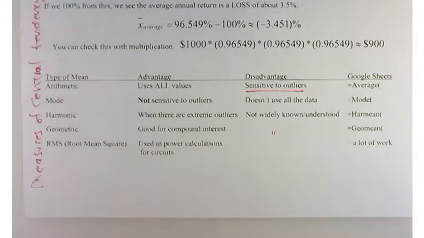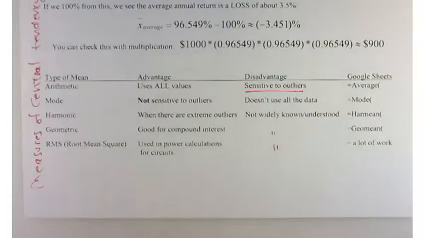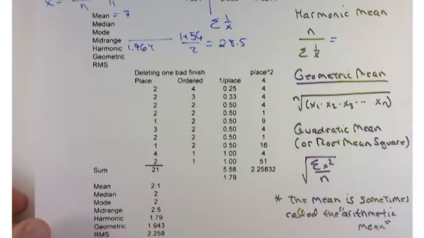I'm going to go back and take a look at some things with a geometric mean. Root mean square is stuff that you would use in power calculations. That's not relevant to our class, so we're not going to discuss that. But you can use it in power calculations. And let's see, what else? Mid-range, harmonic, geometric, mode, arithmetic, median.